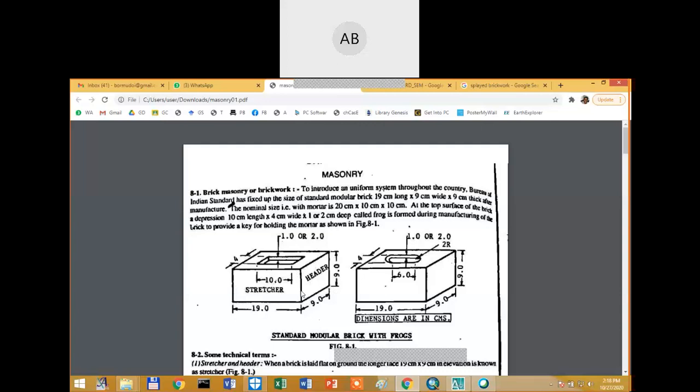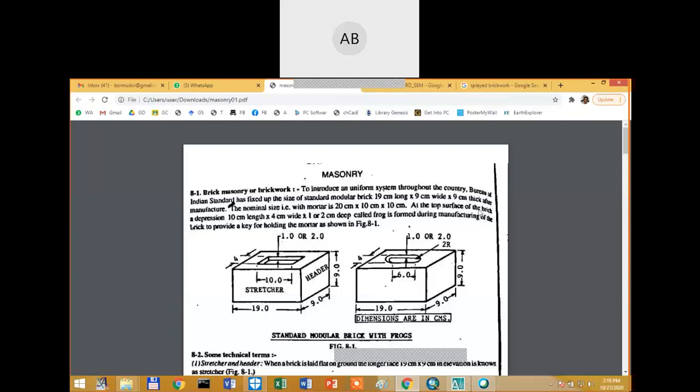This is also known as the stretcher. Then the thickness should be 9 centimeter, and the width also is 9 centimeter.